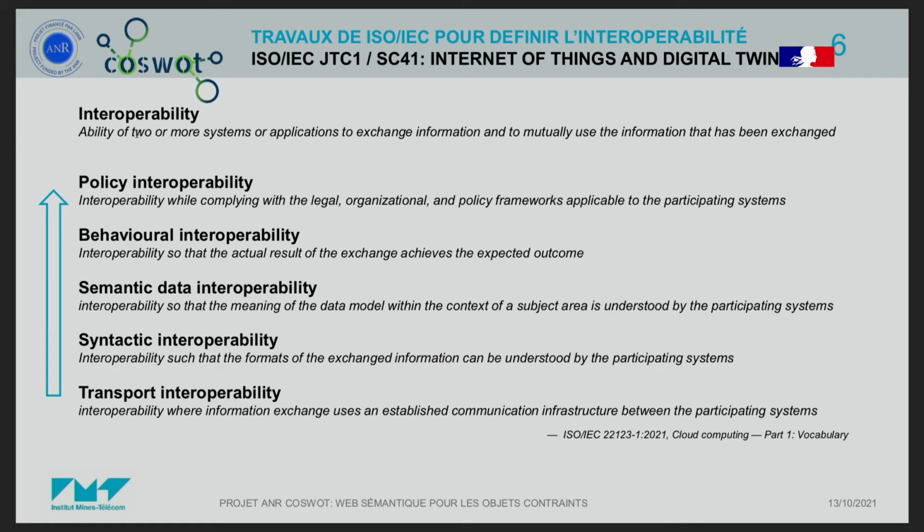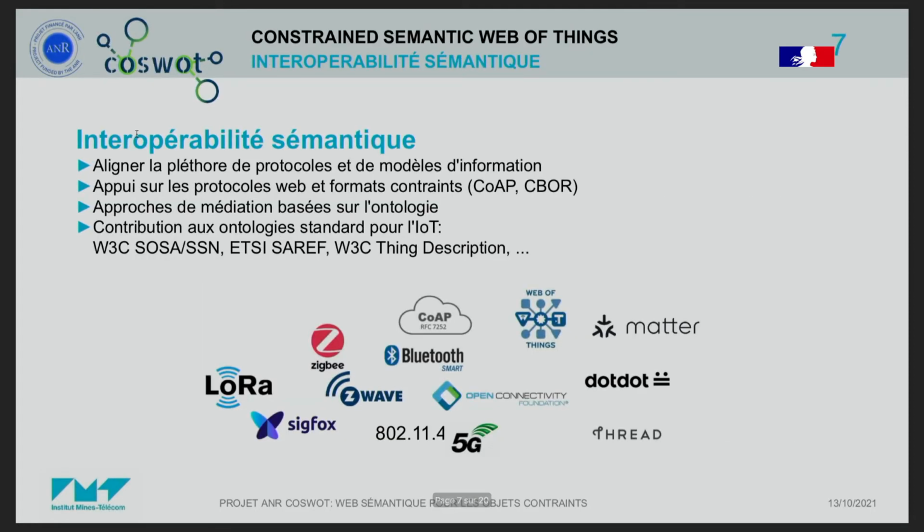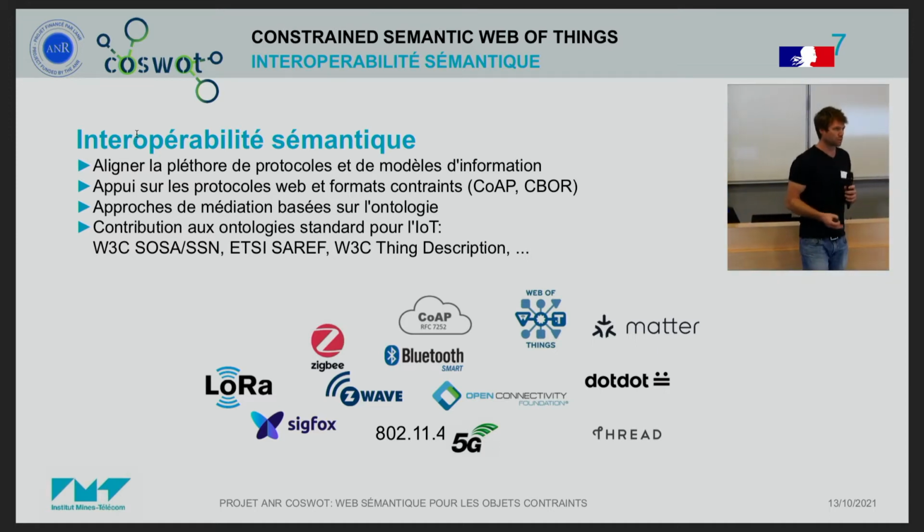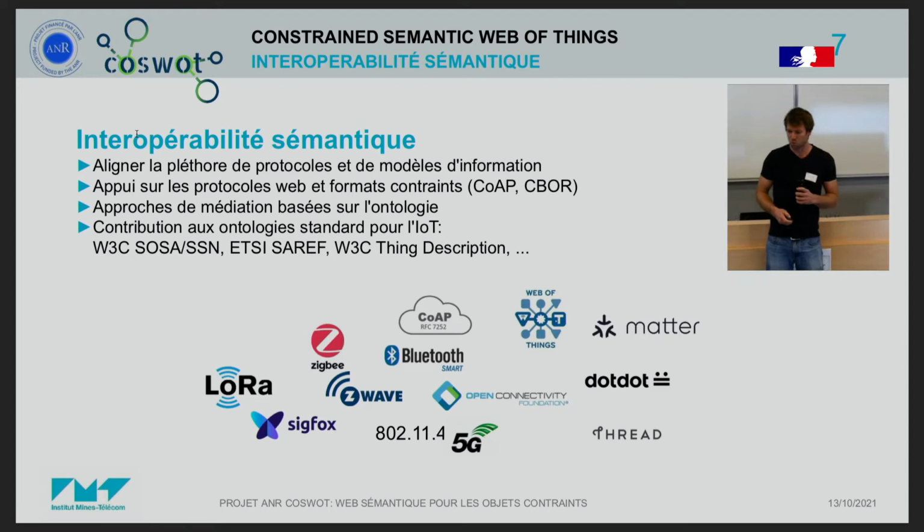So on semantic interoperability, what we want to do is align the plethora of protocols and information models that exist. We want to use web protocols and constrained formats like CoAP and CBOR. Once we have aligned the different data models, for example, we will probably need some ontology mediation approaches so that a ZigBee system can talk to a Bluetooth system or whatever.